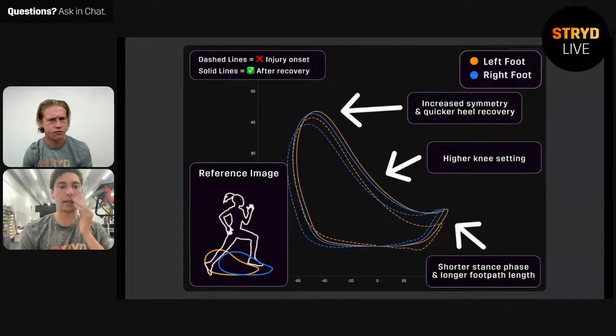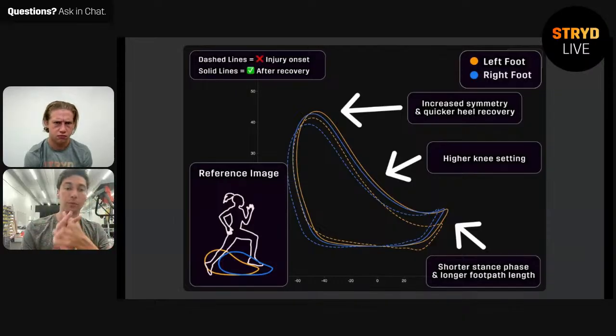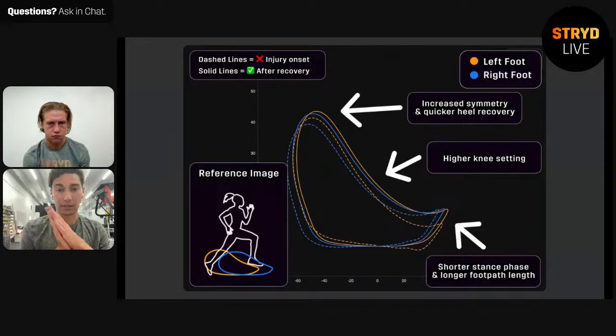Yeah, so this is one of the athletes we work with. They had an injury and they're coming back from it, and I was using monthly view to keep track of this. Basically, the dash is going to be the start of the injury, and the solid is going to be a couple months after. What we're seeing here, as pointed out by the arrows, is increased symmetry between the two sides.